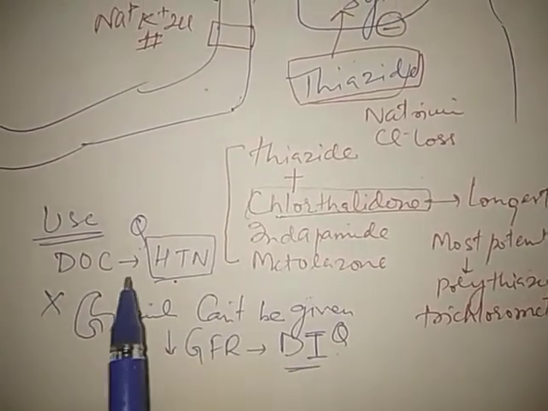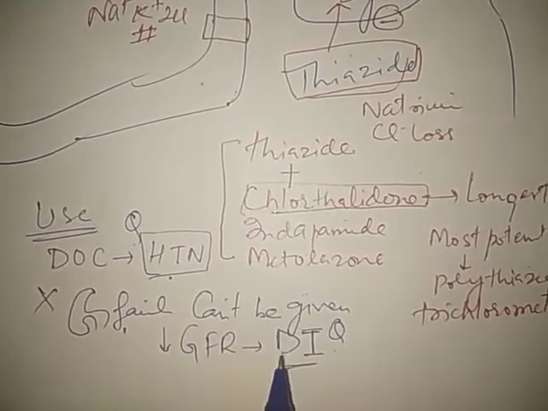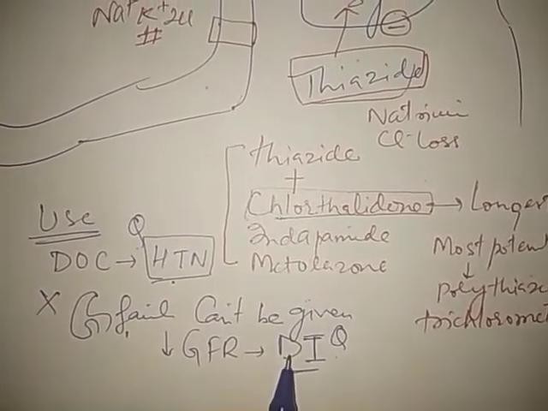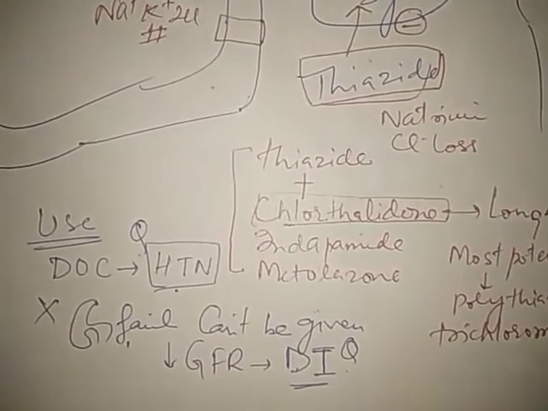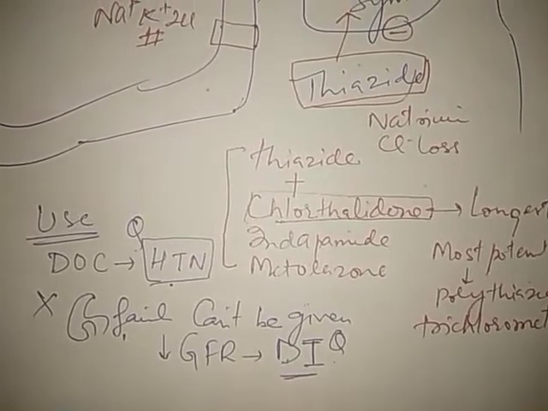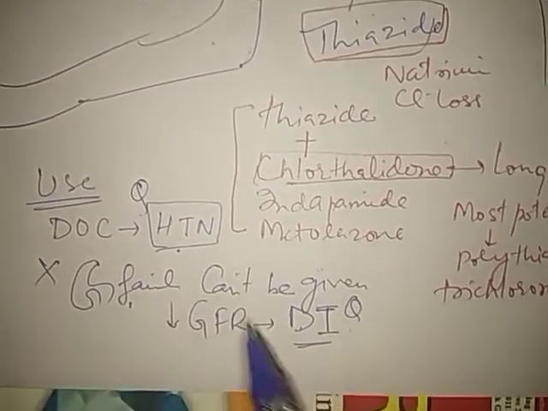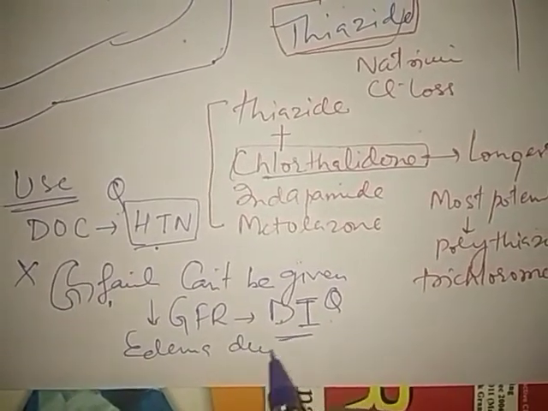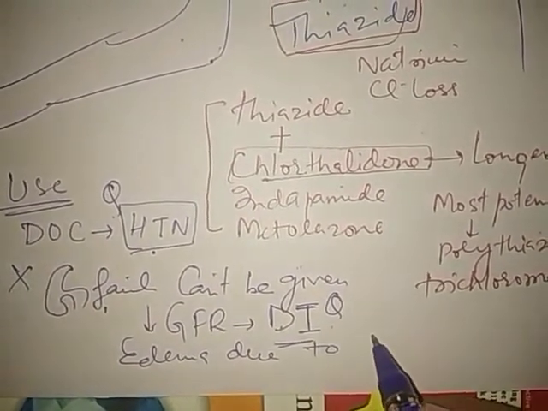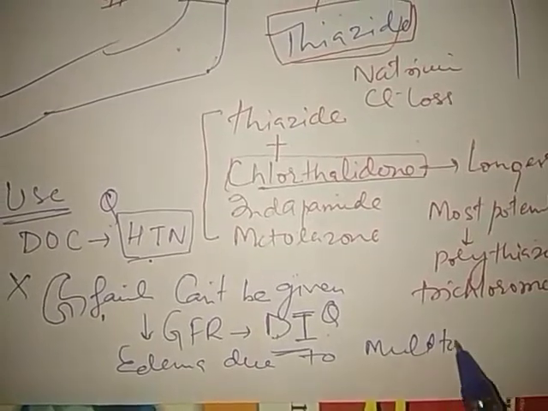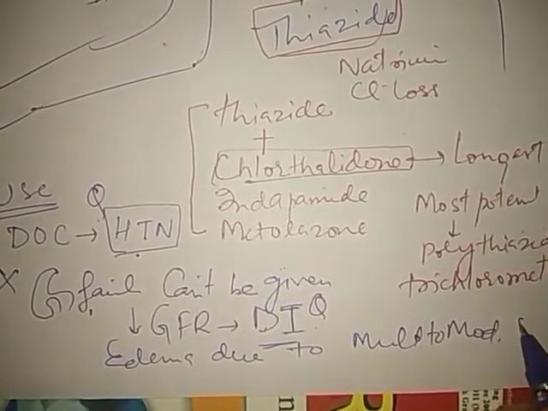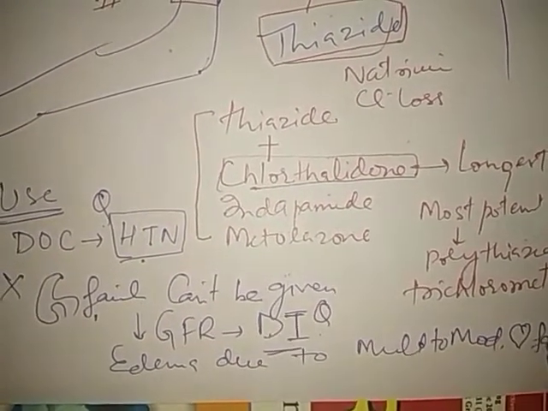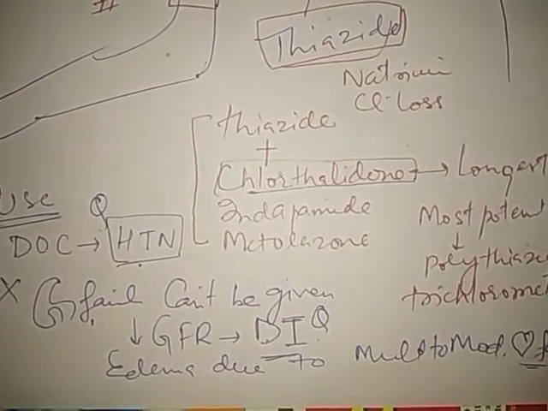So they can be used in hypertension, they can be used in diabetes insipidus. They can also be used in mild to moderate edema due to mild to moderate heart failure.